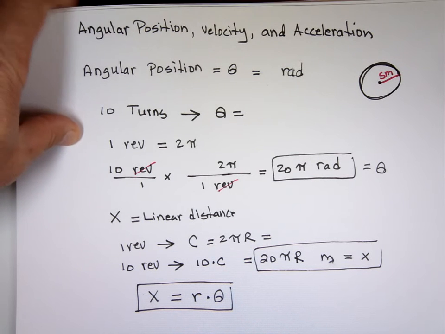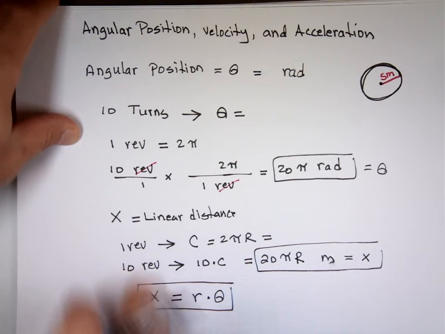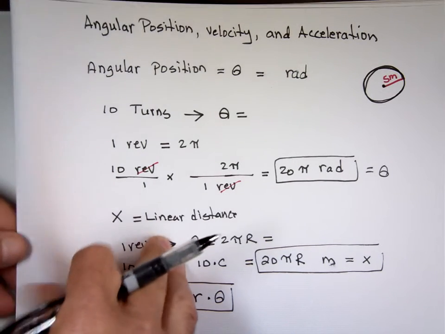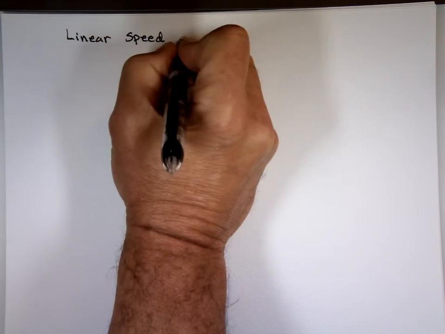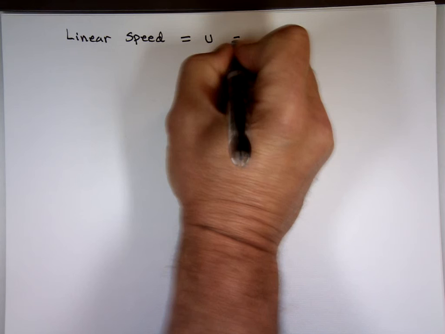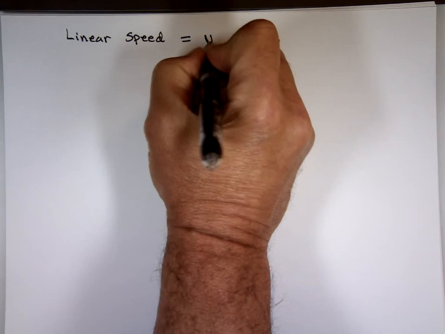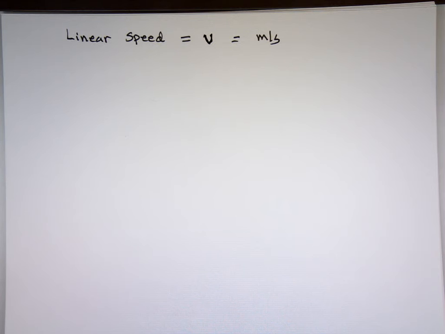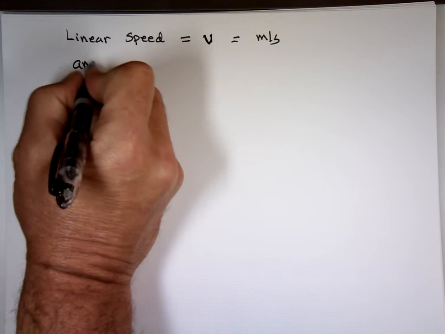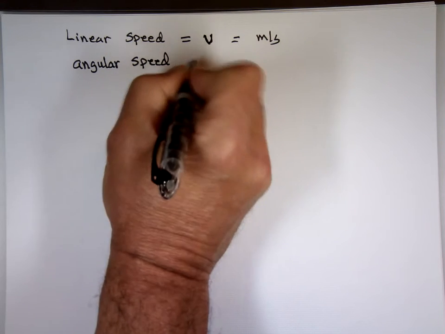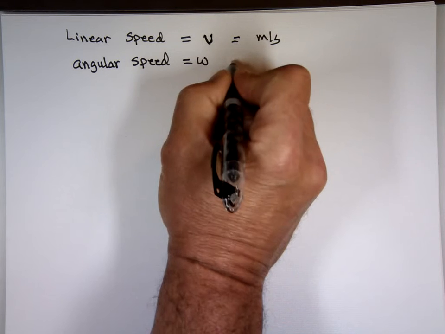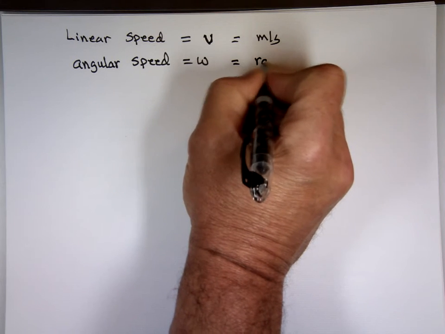For angular speed, or velocity, we use W. If you remember, for linear speed, what letter did we use? We use V, which is in meters per second, right? For angular speed, instead of meters per second, it's still distance divided by time.